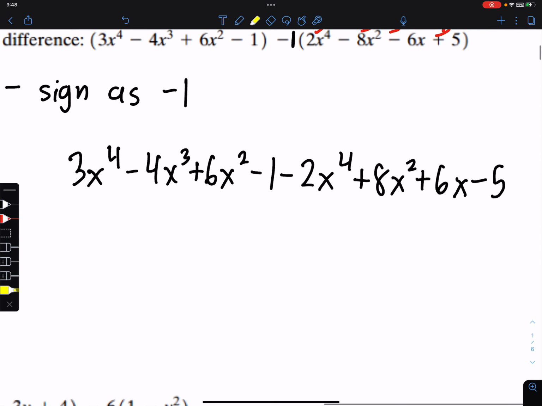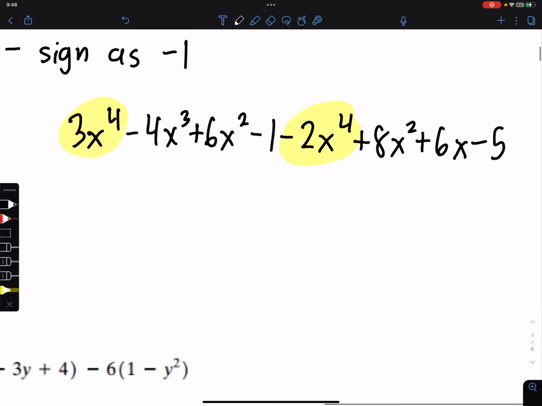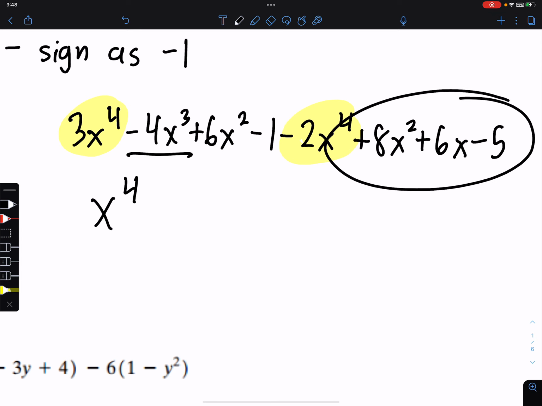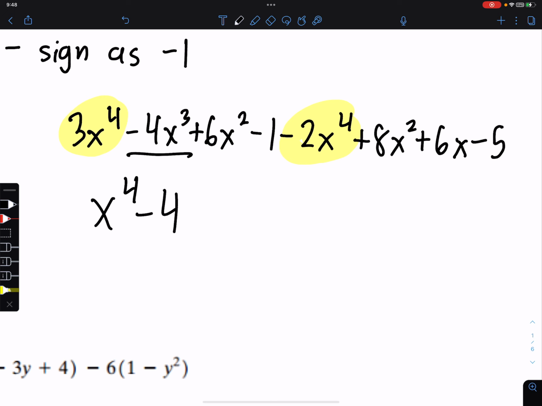So let's do what we did last time, common terms. 3x to the 4th minus 2x to the 4th, we get x to the 4th, minus 4x cubed, and look at the right side, we have no common term, so we keep that minus 4x cubed. Plus 6x squared, we have another common term, so plus 6 plus 8 is 14, so we get 14x squared.